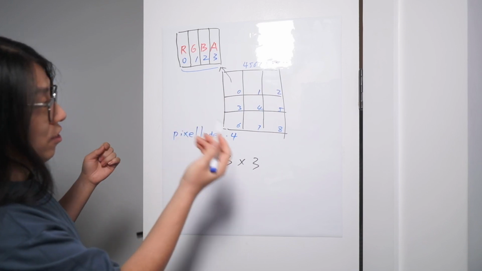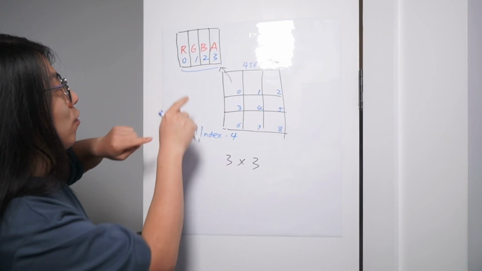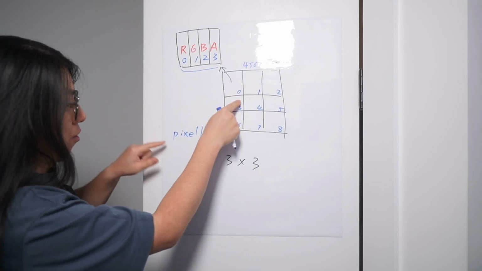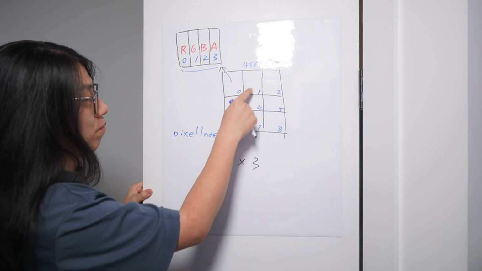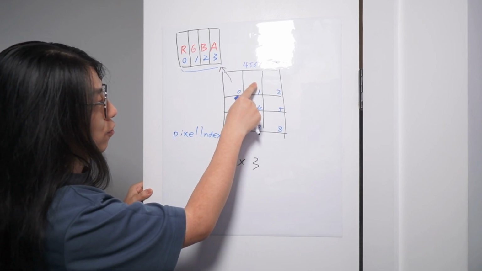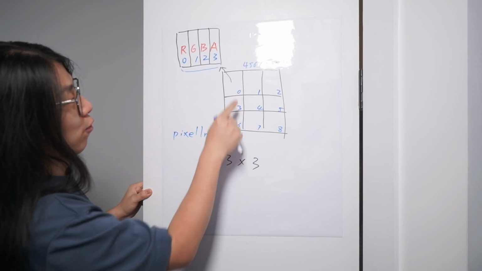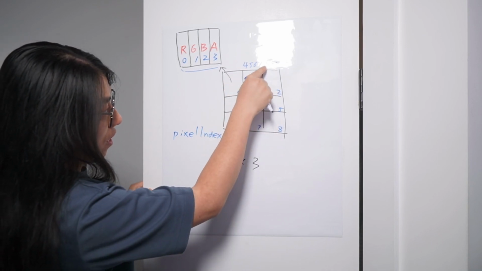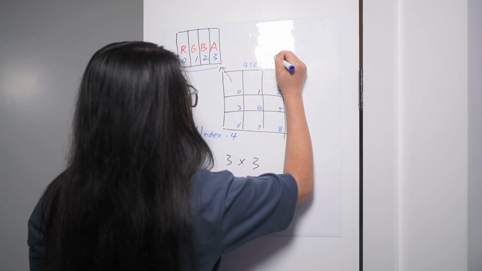And why? If you don't trust me, let's test this out. For the R value of the first pixel, 0 times 4 is 0. For the R value of the next pixel, 1 times 4 equals 4. And for this one, 2 times 4 equals 8. Remember, this is 8. That's RGBA.